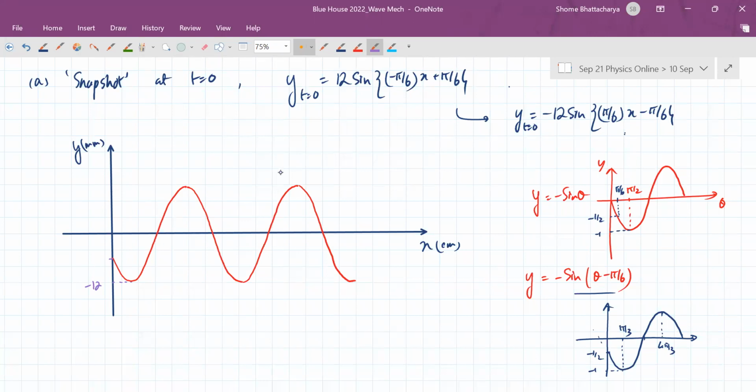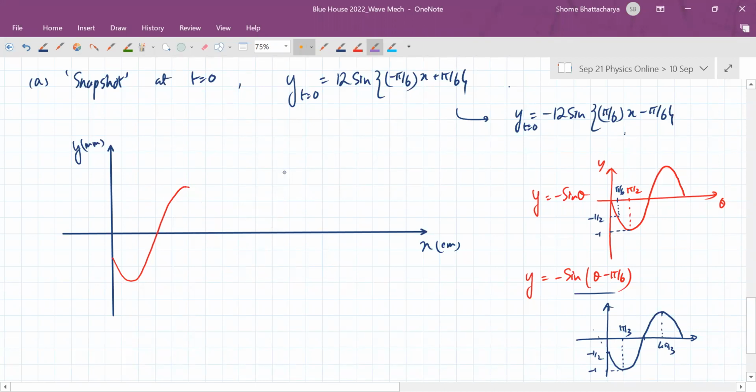Oh, wait. This is not correct. The graph will shift towards the right, not towards the left.